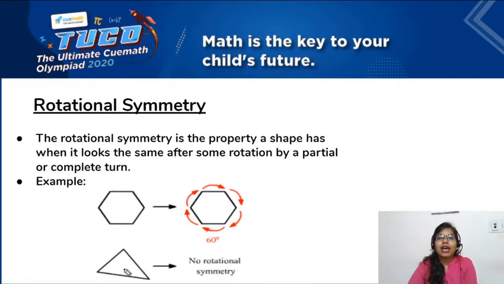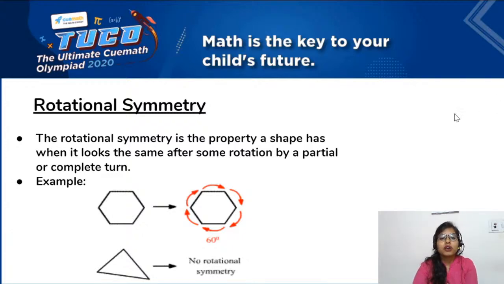I hope this was clear to all of you. As we keep moving further, I'll be explaining more things about rotational symmetry when we come to the questions. Now we'll go ahead with line symmetry. Also, in rotational symmetry, we have a concept called order of symmetry. I'm going to discuss this when we get into the questions.